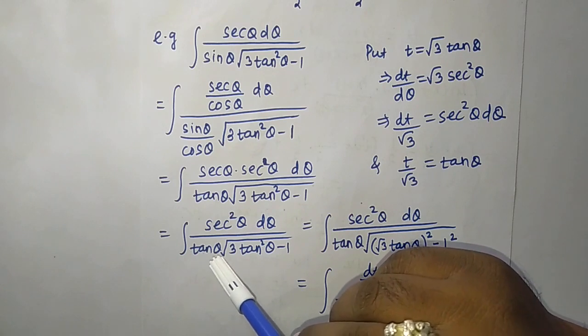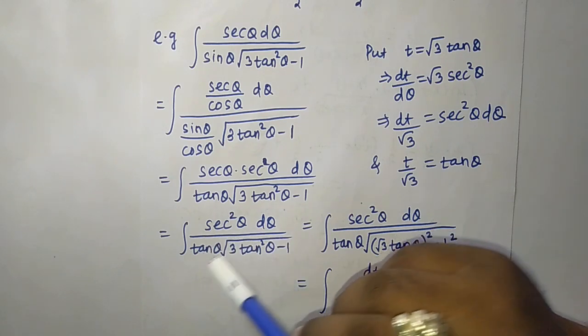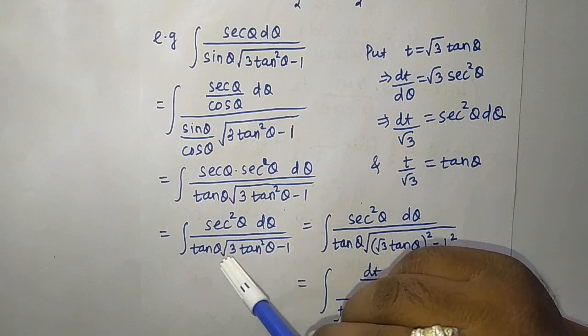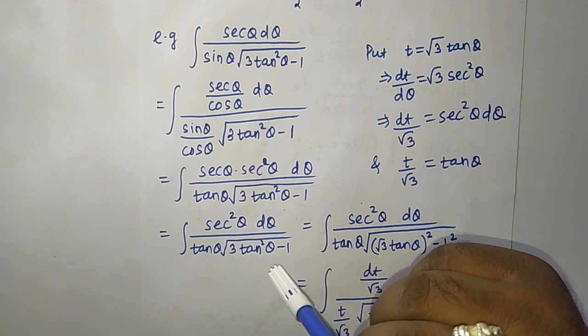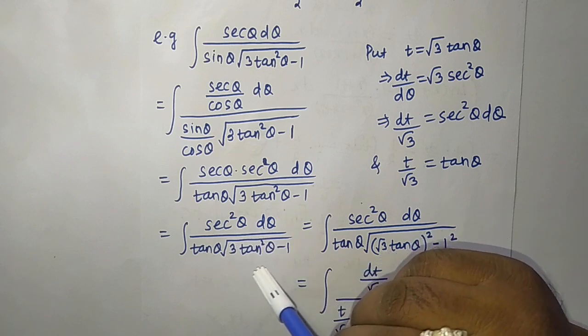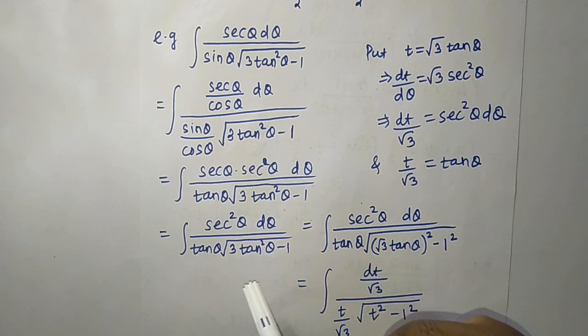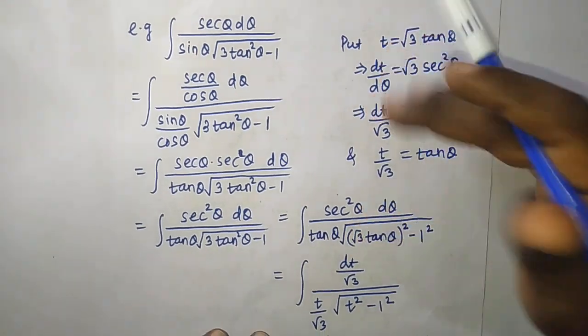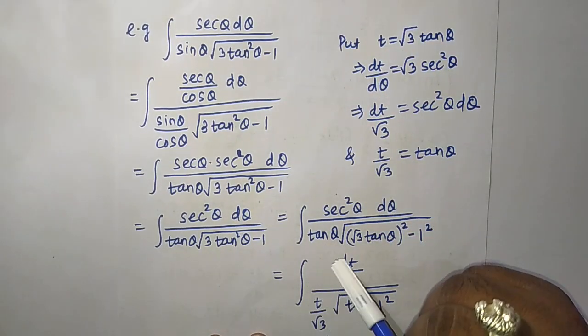Now what we have got? We have got sec square theta d theta divided by tan theta into root over of 3 tan square theta minus 1. Now I have converted it to a slightly simpler form.